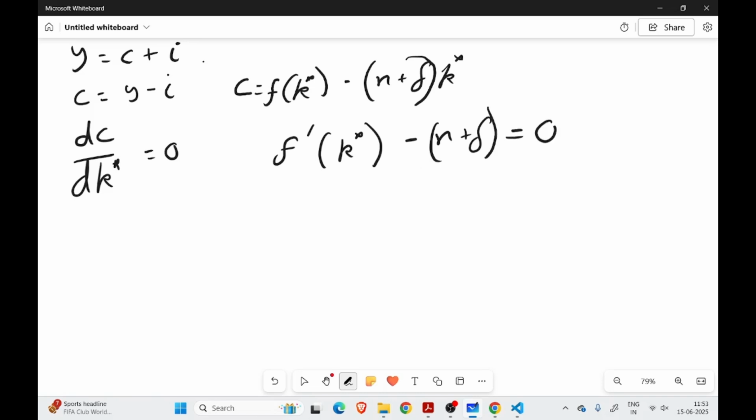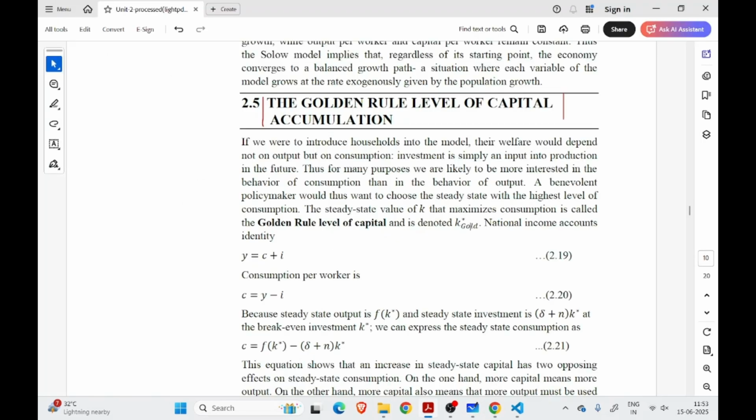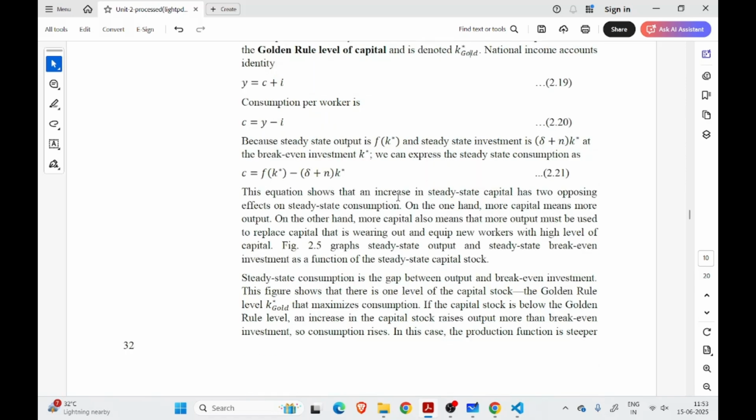Therefore f dash k star gold, because the k star that satisfies this equation is the k star gold, equals n plus delta. Therefore at this k star our consumption is maximized, and we call this k star the golden rule level of capital accumulation.